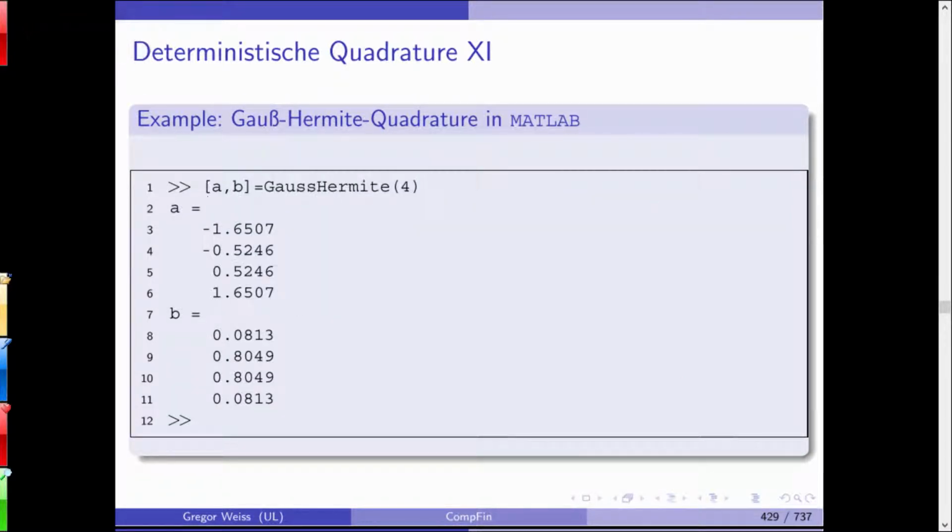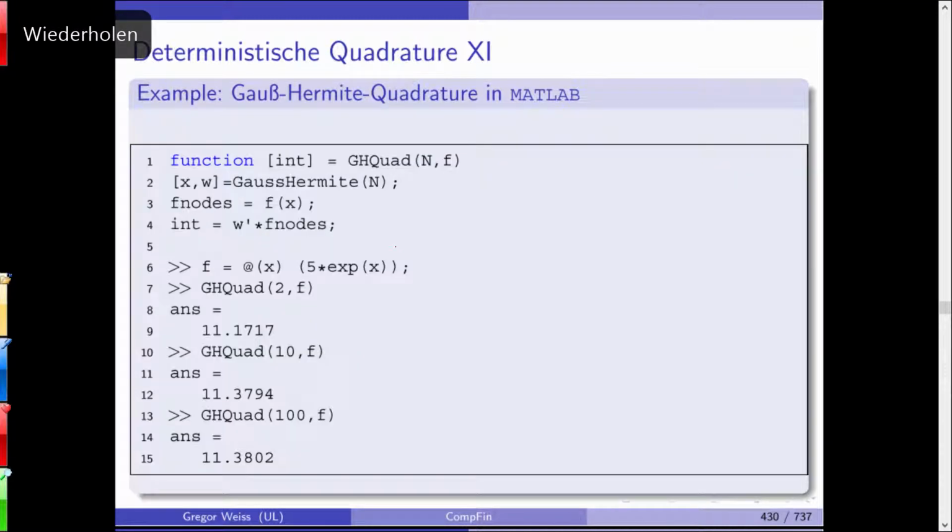Here we take Gauss-Hermite and a and b. Those four values here, those are the nodes, and those values here, those are the weights. And to approximate an integral, we now need to take those nodes, insert them into the function, calculate the function values, and then use the weights, and we'll get the approximation for the integral.